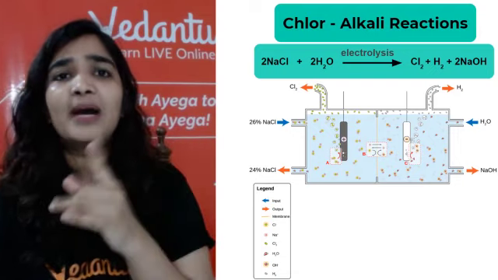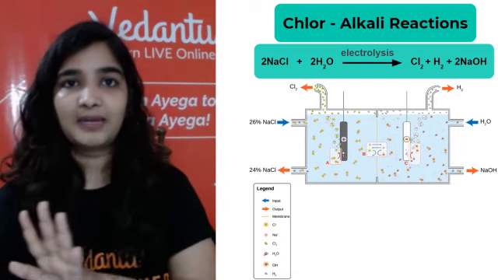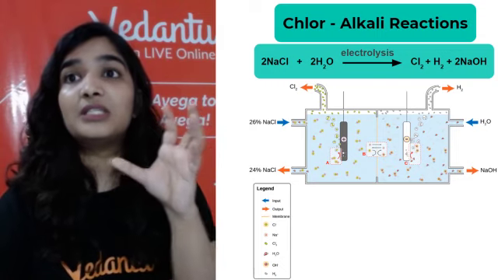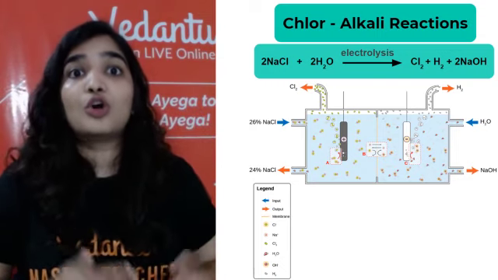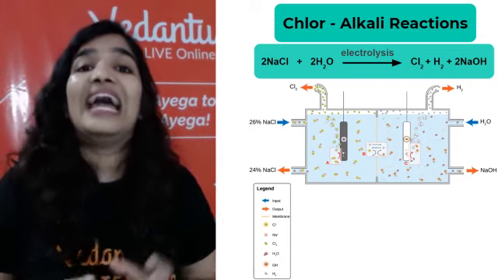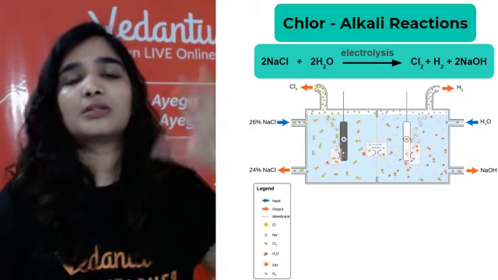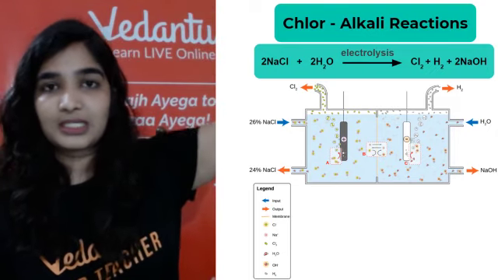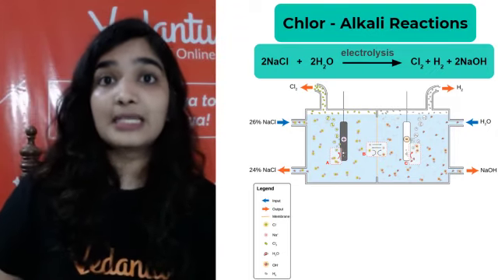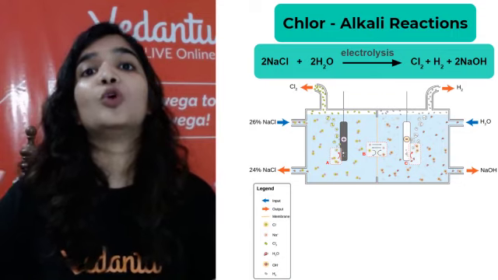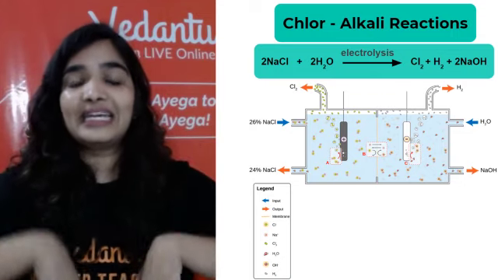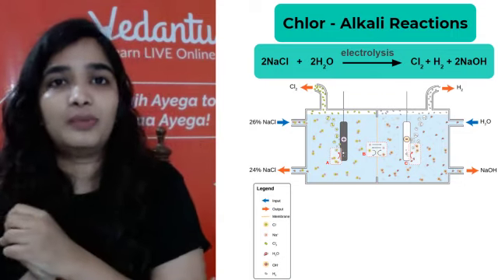You will have Na plus, Cl minus ions. Cl minus ions lose electrons, and loss of electrons is oxidation, so 2 Cl minus lose 2 electrons and chlorine gas is liberated at the anode. Whereas at the cathode, the H plus gain electrons and hydrogen gas is liberated.